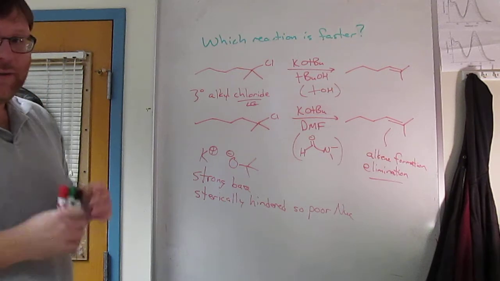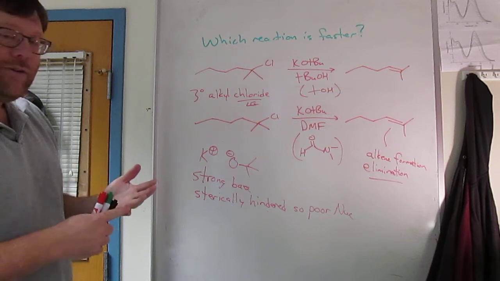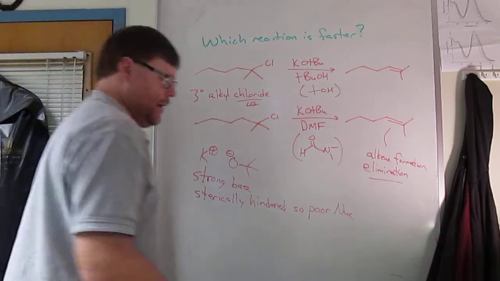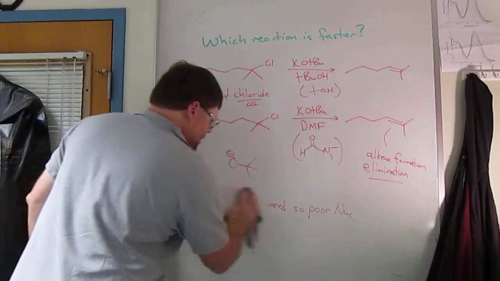And so this gets down in the weeds a little bit, but SN2 and E2 reactions are favored in polar aprotic solvents. So I'm going to erase all of this.